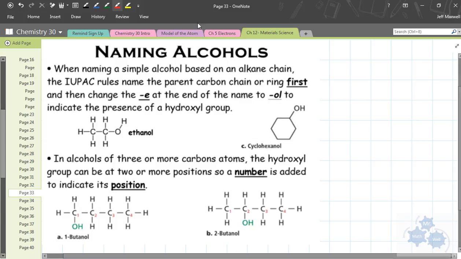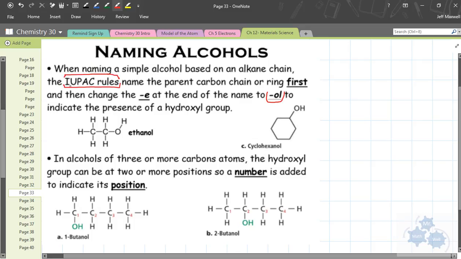Alright, naming alcohols. When we name them, as you saw in the previous slide, there's an ending or a suffix that is OL, "ol". So when naming a simple alcohol based on an alkane chain, the IUPAC rules, which we haven't really talked much about, all of the rules that we're talking about when we name these organic compounds come from a universal system of rules that everybody follows.